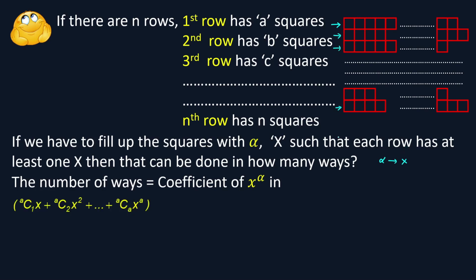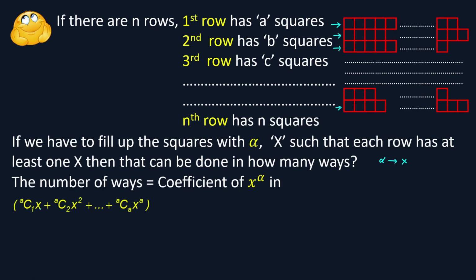In the expansion, if we consider only the first row, as I told you right now, out of these a squares, I am choosing one square. So that can be done in aC1 different ways, into x, because I am writing this in terms of a polynomial. Why have I started with x? Because at least one x has to be there in each row.